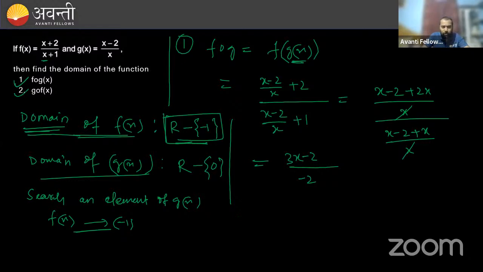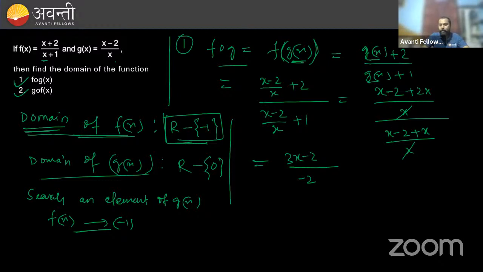Yes, can you explain fog again? Okay, fog is f of g of x. So g of x is your input here. So what is f of x? (x plus 2) by (x plus 1). So in place of x in f of x we'll write (g of x plus 2) divided by (g of x plus 1). What is g of x? g of x is (x minus 2) by x, and in place of g of x just put (x minus 2) by x.